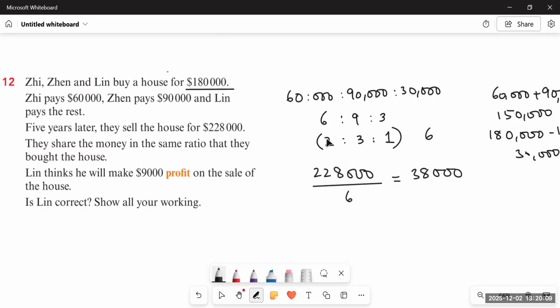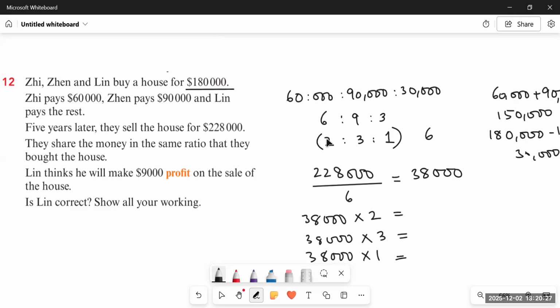That is per unit, it's 38,000. Now we'll multiply 38,000 with 2 for Z, 38,000 by 3 for Zen, and 38,000 by 1 for Lin.